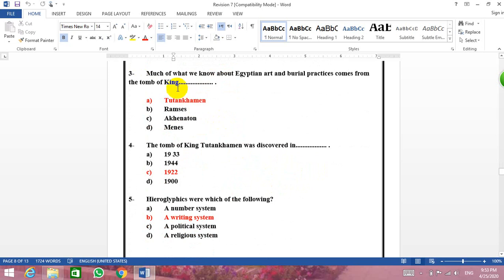Point number 3. Much of what we know about Egyptian art and burial practices comes from the tomb of which king? Here 4 king names are written and you have to choose one of them. Tutankhamun. Option A is the correct answer.